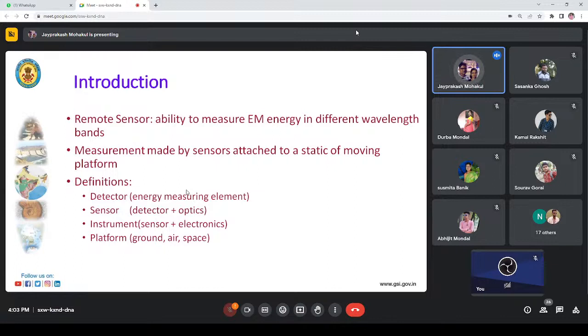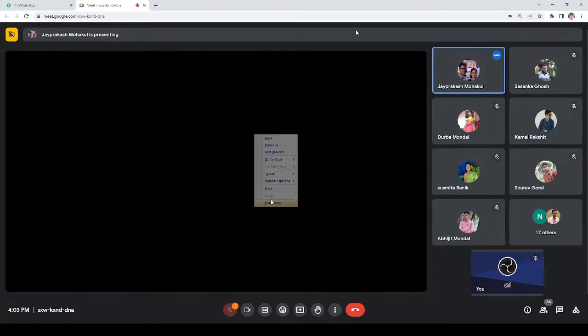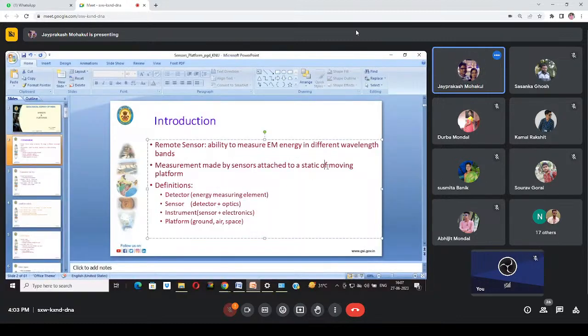What it does is convert that energy into different energy levels of different bands. How much energy has come in blue band, how much energy has come in green band, how much energy has come in 0.6 to 0.7, how much energy has come in 0.7 to 0.9. So sensor has that capability, right? And measurements are made by sensors attached to a static or moving platform.